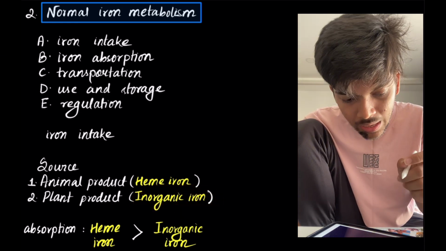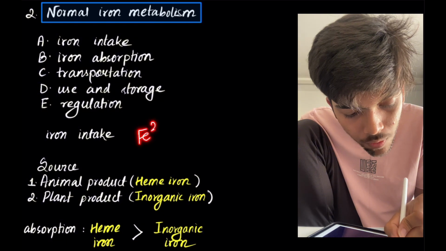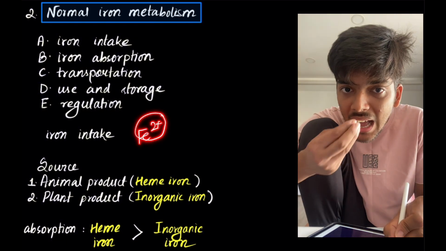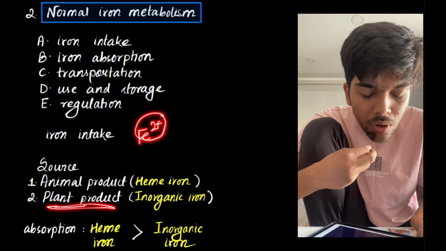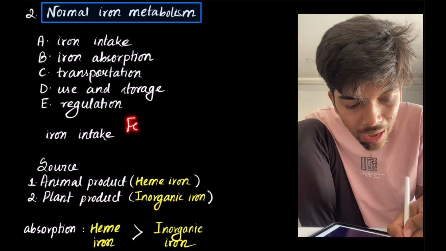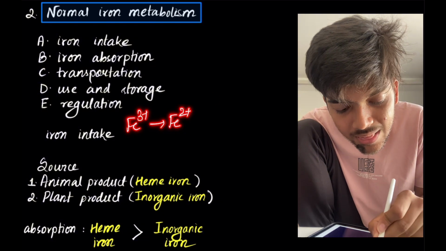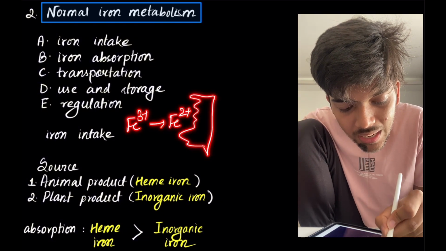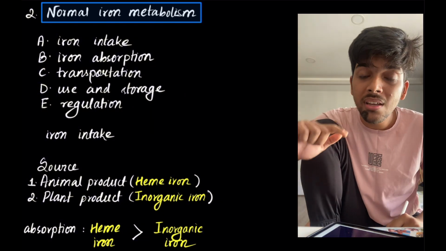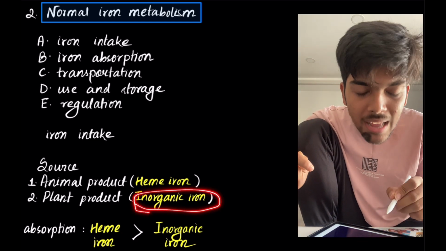Inorganic iron is absorbed only in ferrous form, but the inorganic iron that you eat through plant products is in ferric form. So this ferric form of iron first needs to be converted to ferrous form, and then this ferrous form is taken in by the enterocyte. So there is an extra step required for the absorption of inorganic iron.